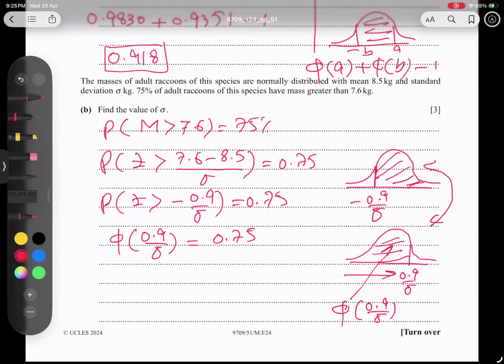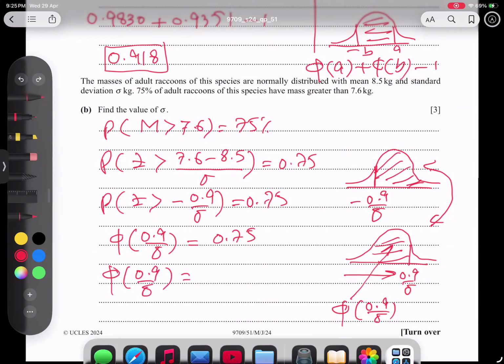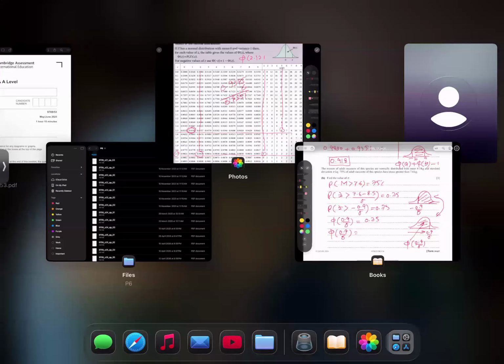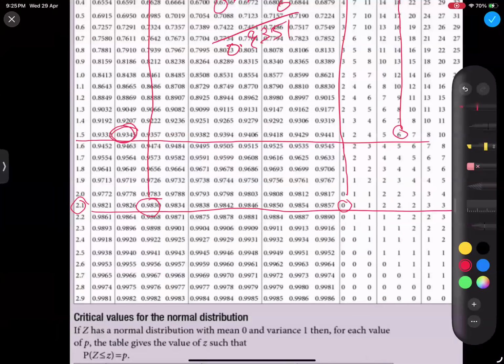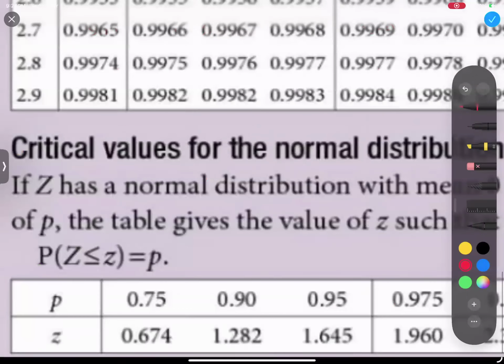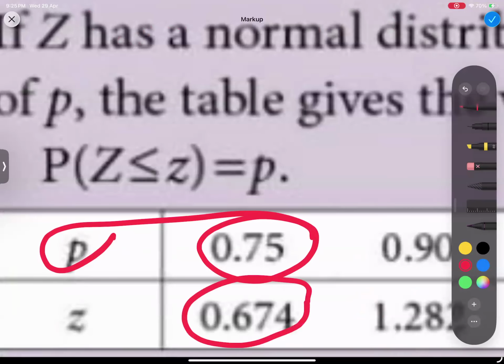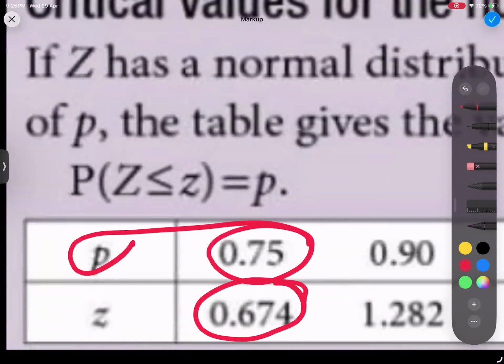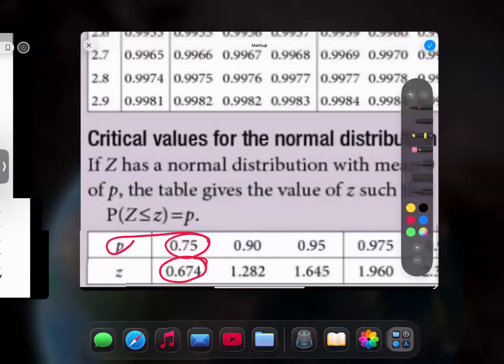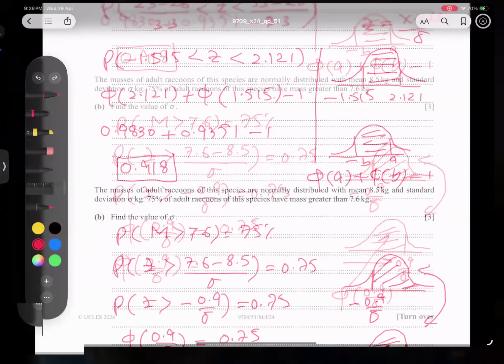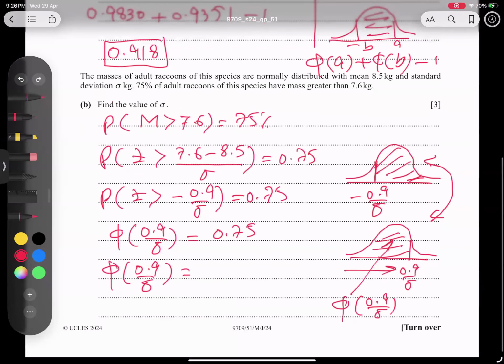Now what can we do, students? This value is very clear: phi of 0.9 over sigma is 0.75. We go back to the table, but this is a special value available below the table. You can see probability 0.75 and 0.674. So I'm writing here 0.674.